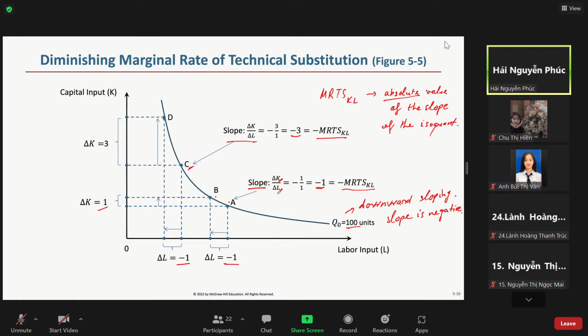And this rule, moving from point A to point B in comparison with the movement from point C to point D, is called the rule of diminishing marginal rate of technical substitution.